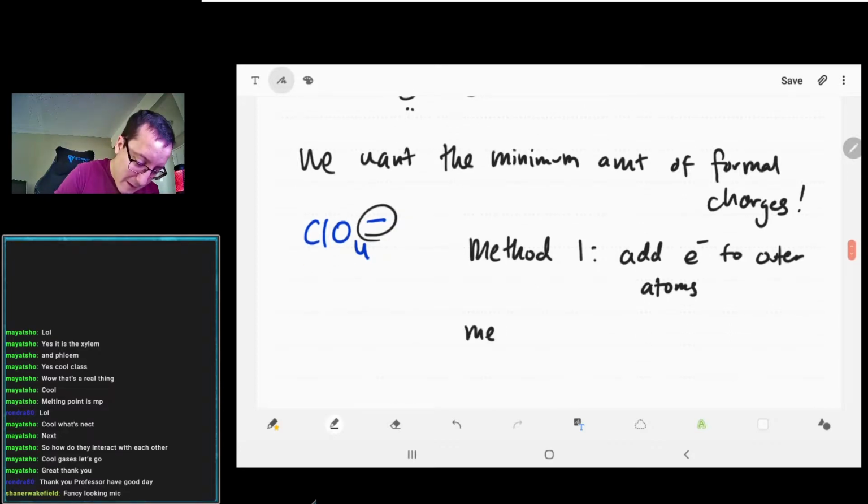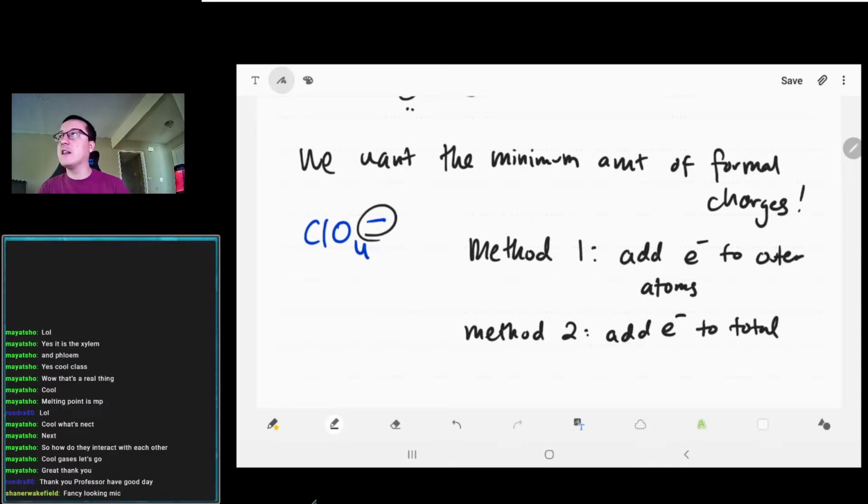For the other method, we would just add electrons to our total number of electrons. So in this case, we have a charge of -1, which means we're going to add 1 electron, right? Negative charge means extra electrons. It's a -1, so we only need 1 more electron.